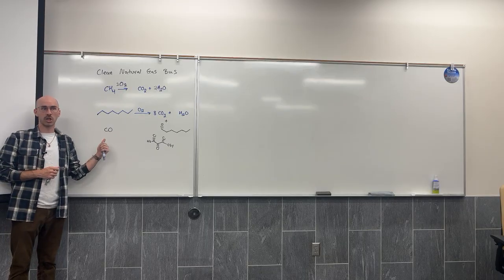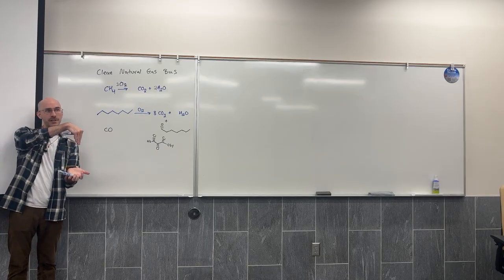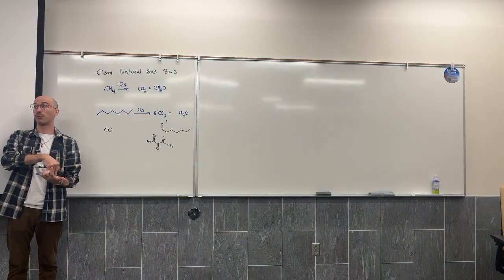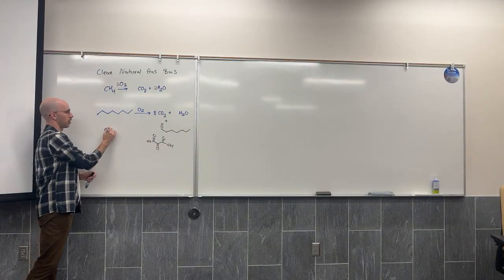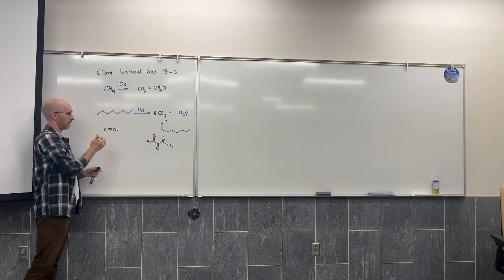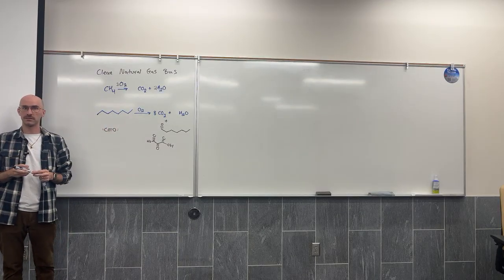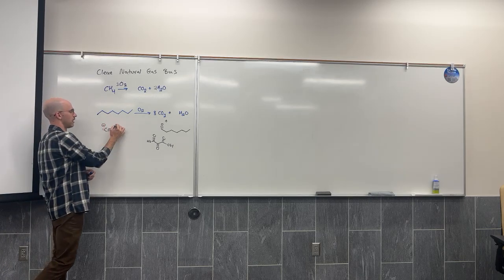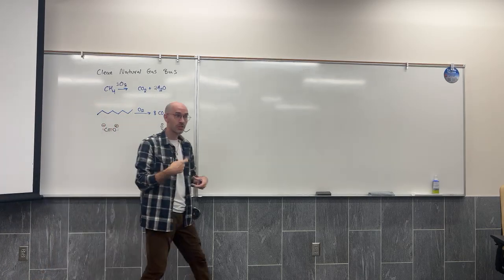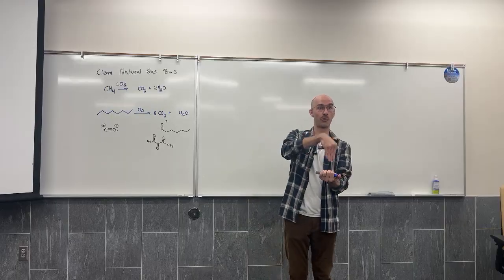The reason being, carbon monoxide binds to the iron in your hemoglobin really well because it actually has a lone pair on both carbon and oxygen. And carbon likes to share lone pairs. Oxygen, not so much. And so the carbon shares its lone pair with the iron really well.